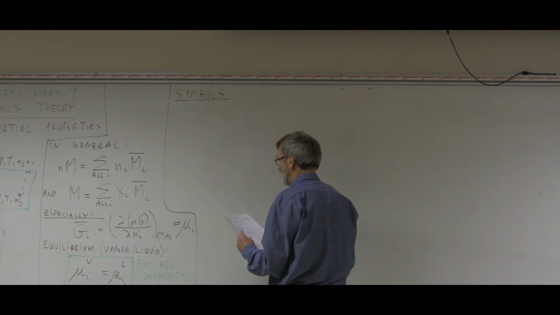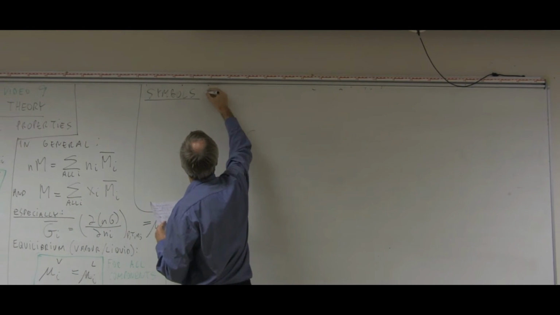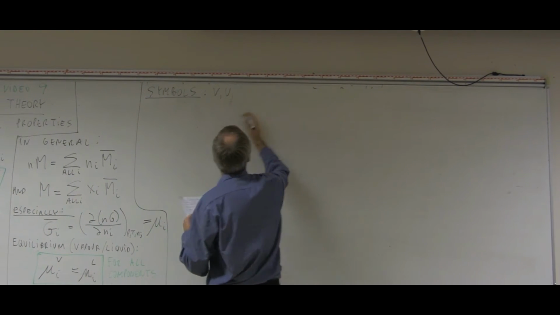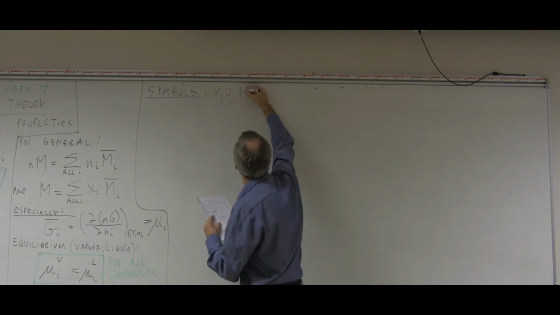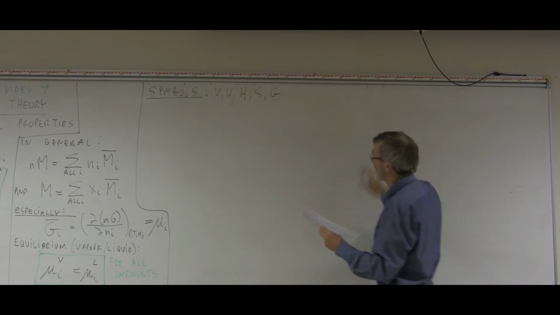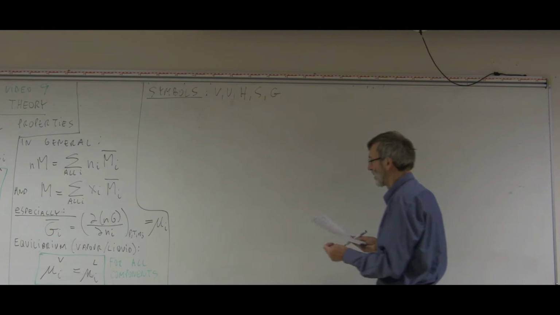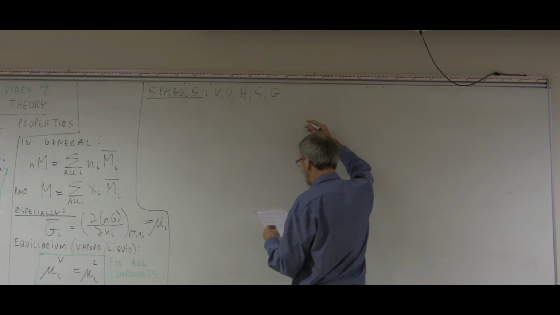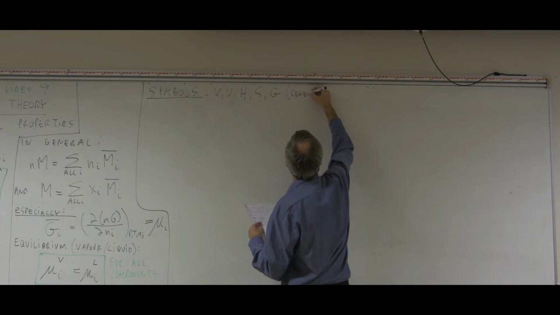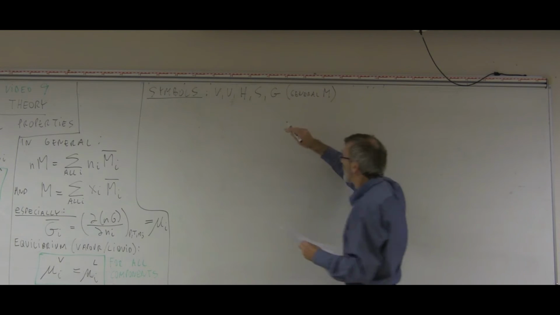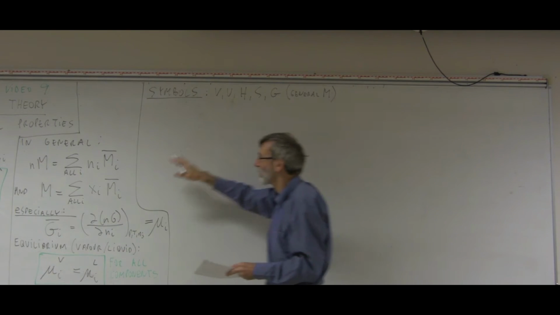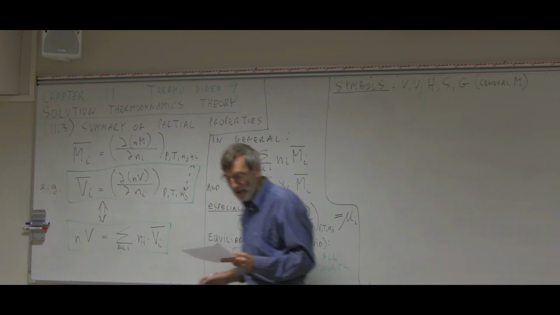The symbols we use: volume, energy, enthalpy, entropy, and Gibbs free energy. And we have a general symbol M for any property.